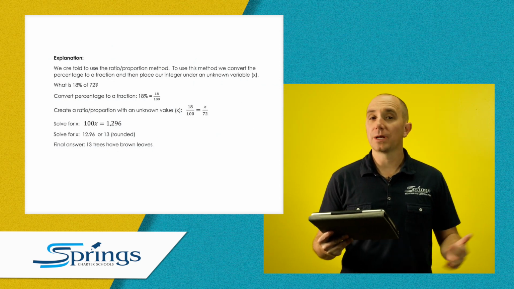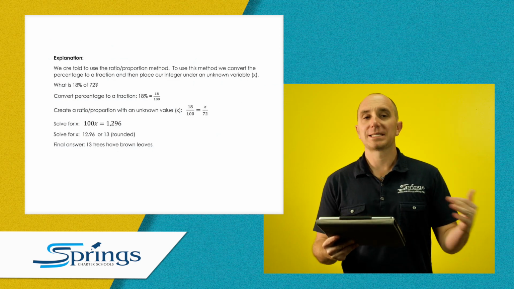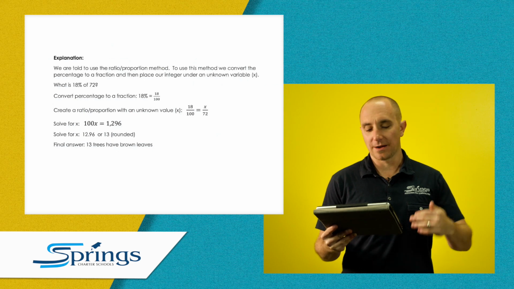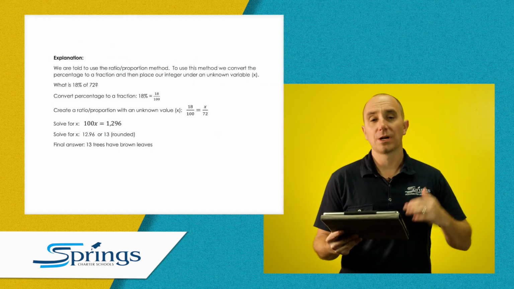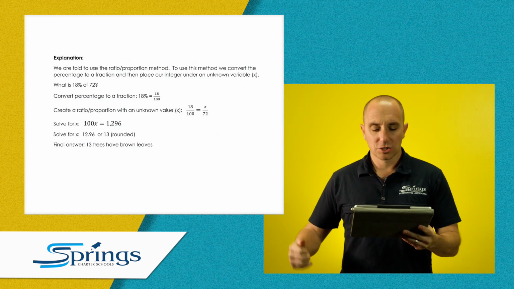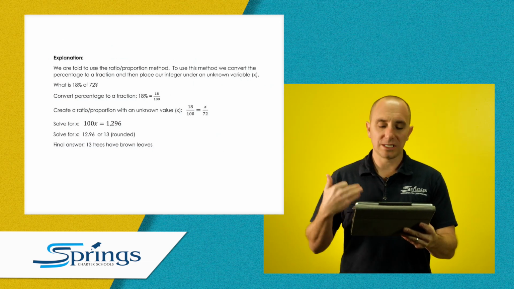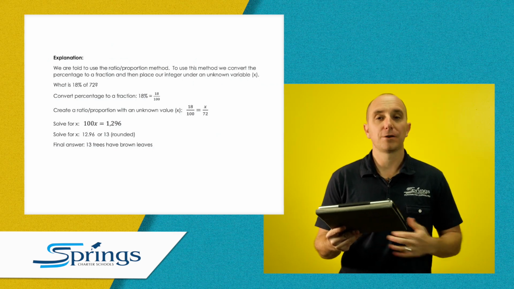Now we create a ratio or proportion. We have 22 over 100, and we set that equal to x over our total, which was 936. So 22 hundredths is equal to x over 936. Again we use cross products. 100 times x is 100x, and that's equal to 22 times 936, which gives us 20,592.